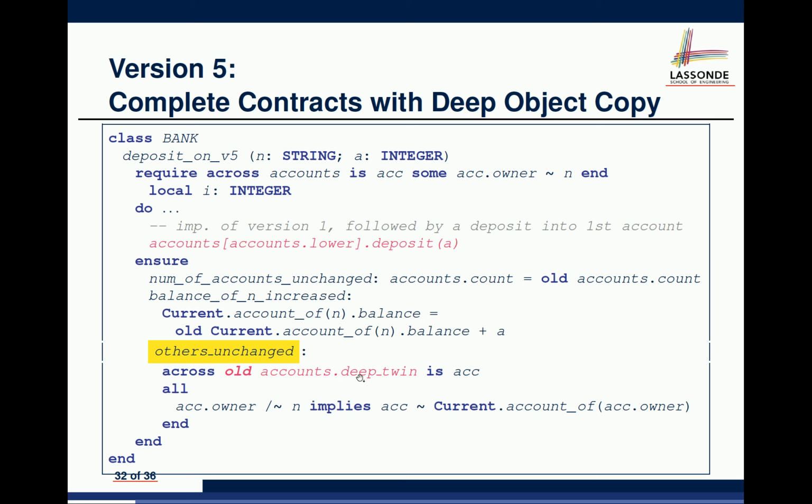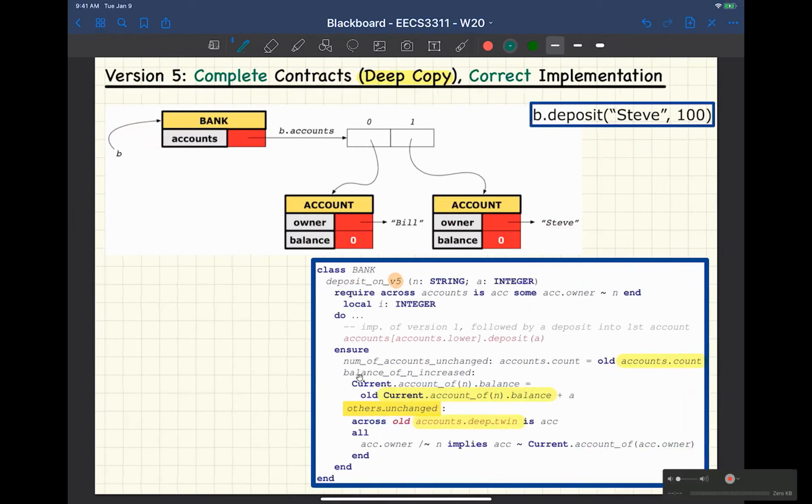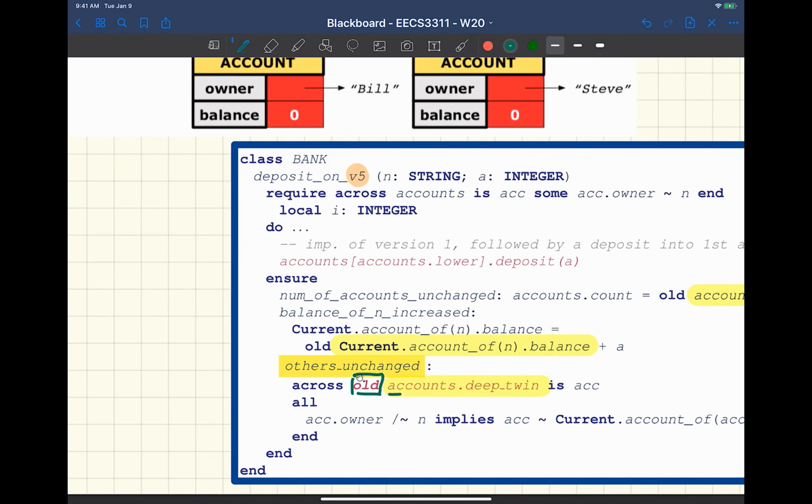So now let's see exactly why this is going to give us a postcondition violation as expected, because something is wrong. So again, old here, the keyword, and then we are going to cache this particular value, deep twin, which means we're going to recursively duplicate the whole structure for the accounts array. Okay?